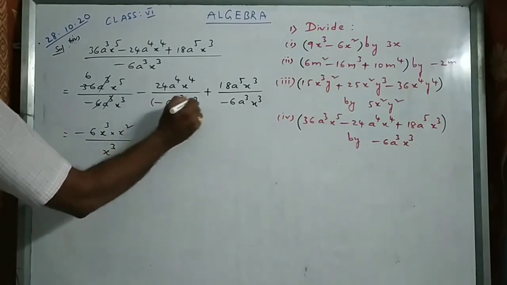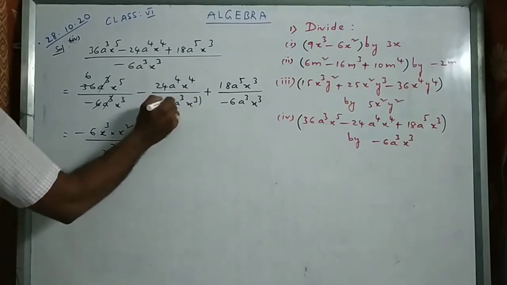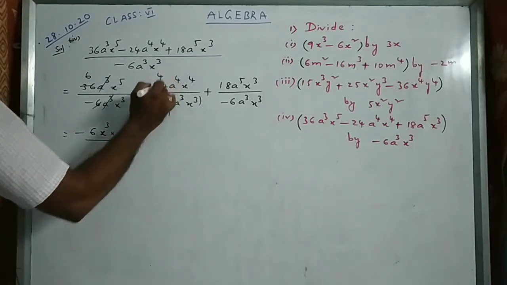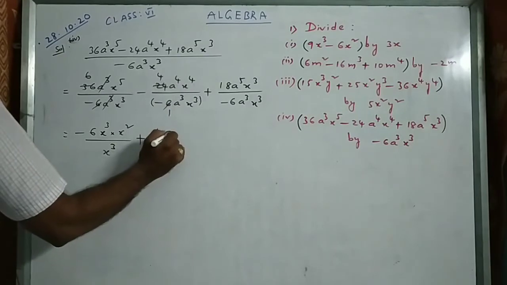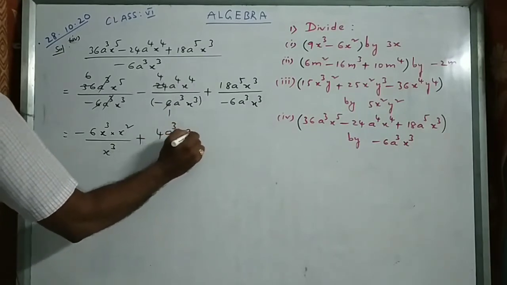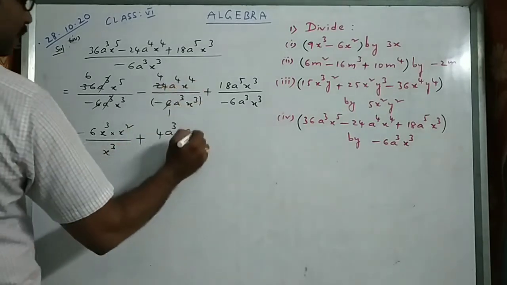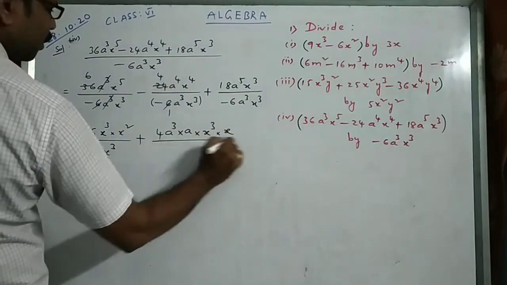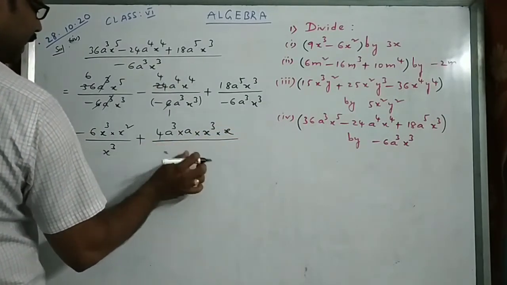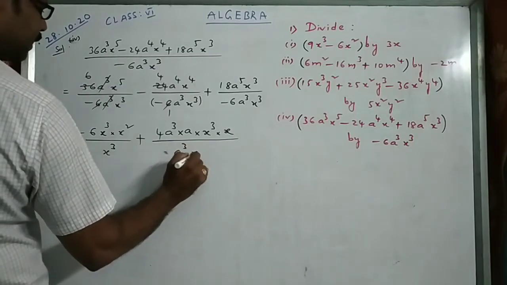Minus into minus plus, 6 fours are 24. So 4, a to the power 4 can I write a cube into a. X to the power 4 can be written as x cube into x upon a cube x cube.